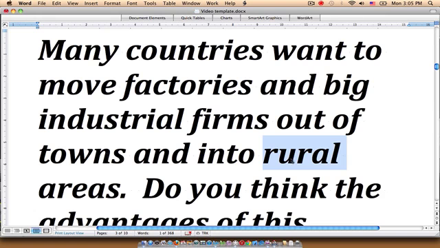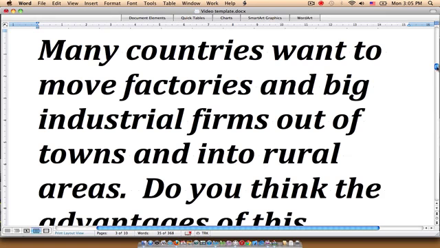A rural area would be an area where perhaps not so many people live. It's an underdeveloped area. Okay, so the background sentence is fairly straightforward. It's just saying that countries are more interested in moving their sources of industry into less residentially dense areas.